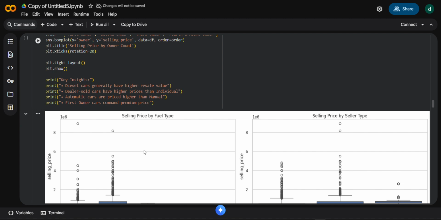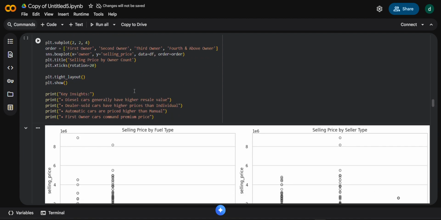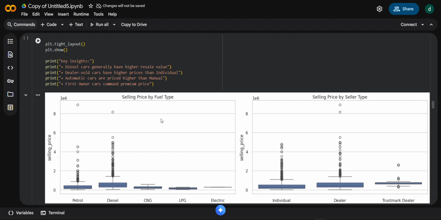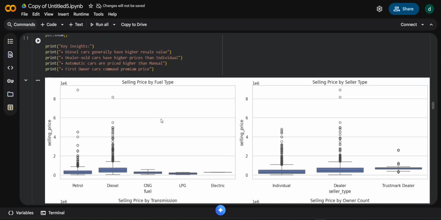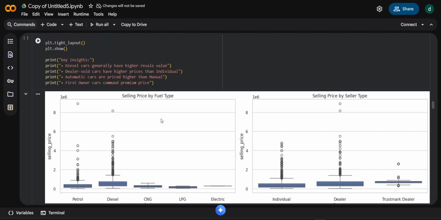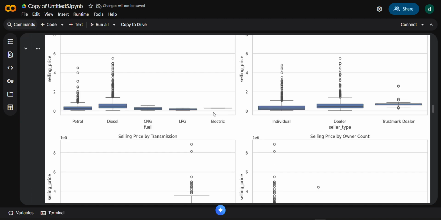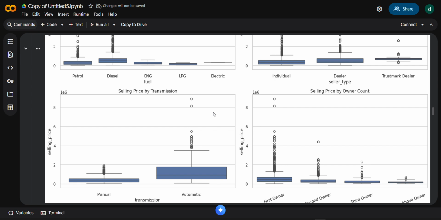From these graphs, I derived some clear insights: diesel cars generally have higher resale value. Dealer sold cars are priced higher than individual seller cars. Automatic cars are usually more expensive. First owner cars get the best resale value. These insights help me understand the relationship between categories and selling price.